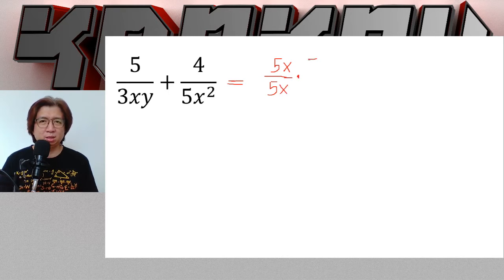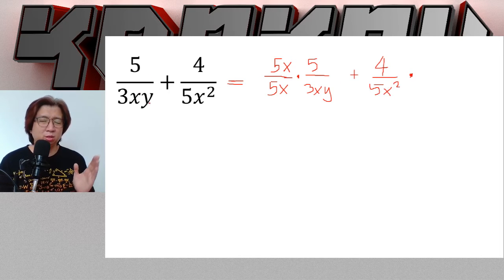Okay, so times 5 over 3xy plus 4 over 5x squared times. Okay, so let us now look at the denominator of the first term. So we have 3y, and we multiply it by 5 to make it 15.